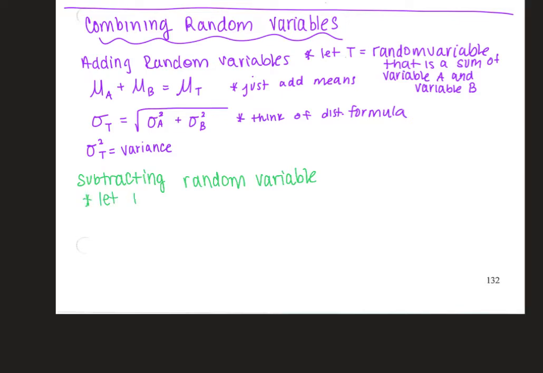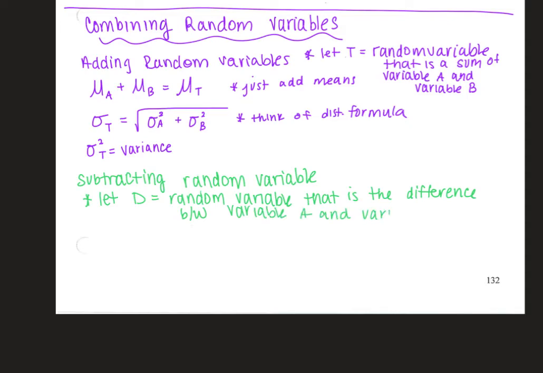So we're going to let D be a random variable that is the difference between variable A and variable B. So the mean of the difference is just the difference of the means. Mean of A minus mean of B.